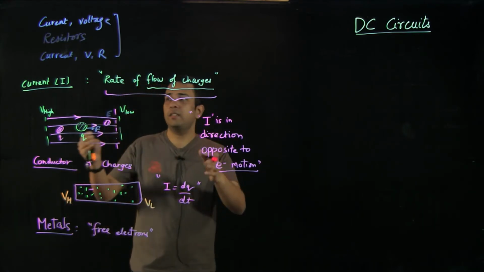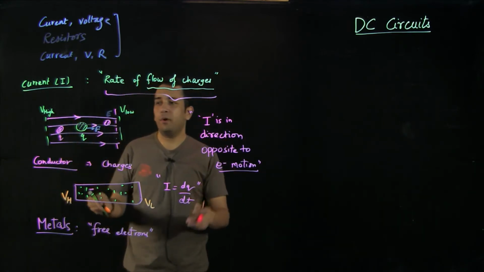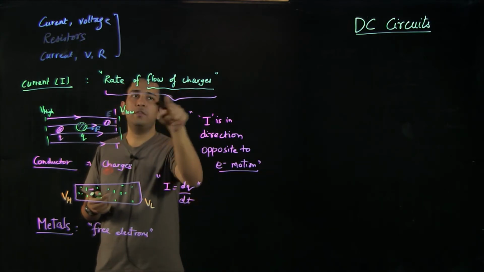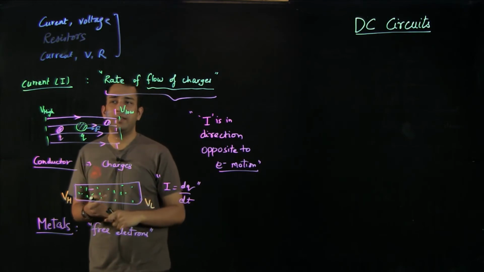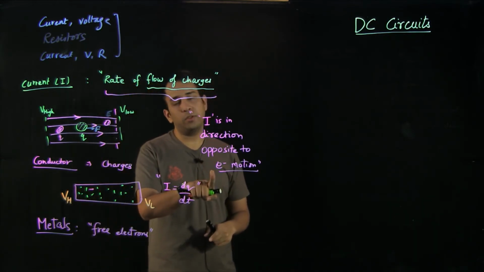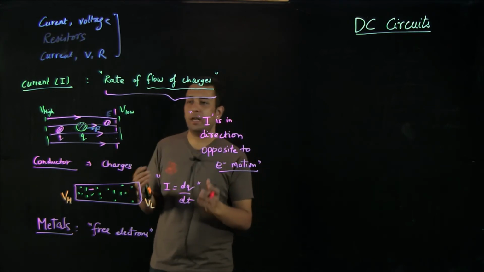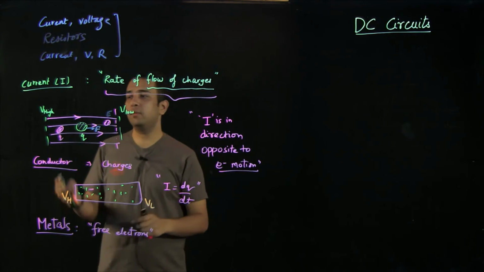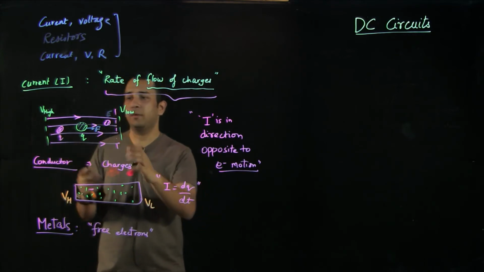So the discussion about current gives rise to three important properties. First, the rate of flow of charges is defined as current. The second is that the current has a direction opposite to the direction of electron motion, thus the same direction as the positive charges. And third is that current always moves from high potential to low potential.